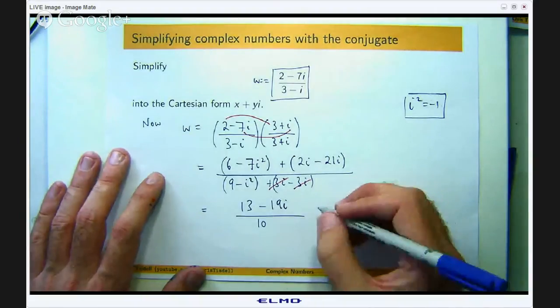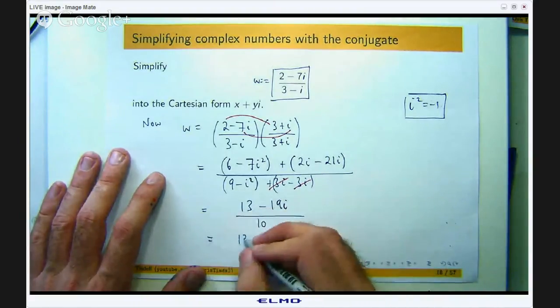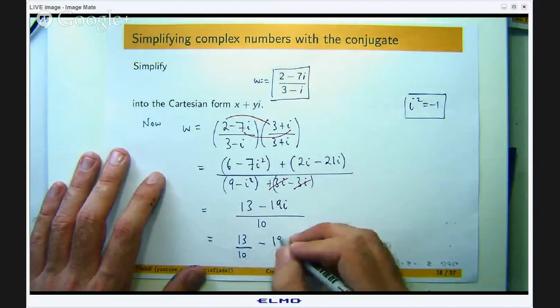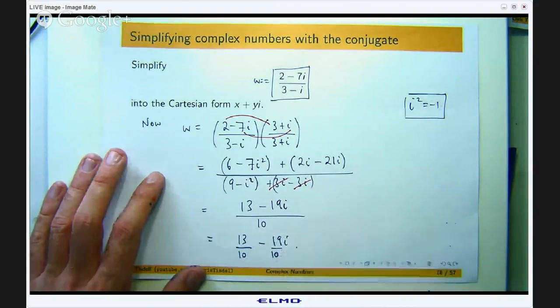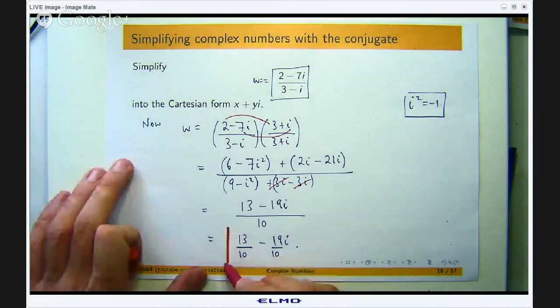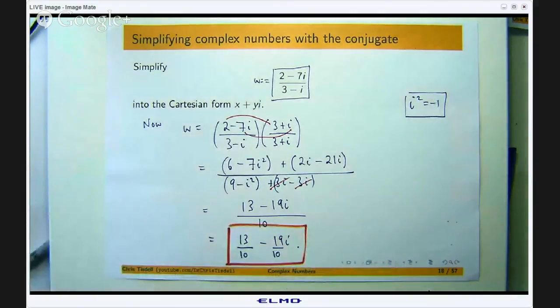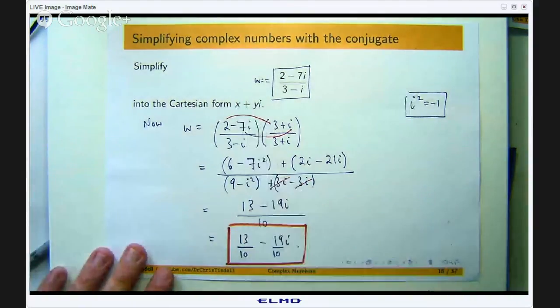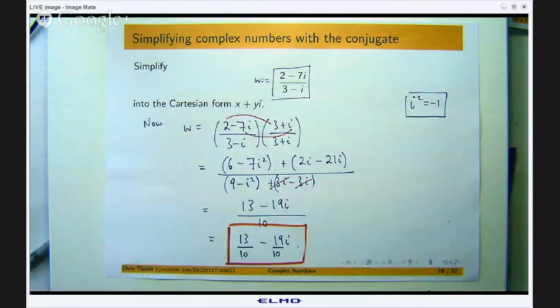So if I just simplify that, I'll get the following. Okay, so that is my answer. You can see now it's in this Cartesian form, and if I wanted to, I can plot it on an Argand diagram or in the complex plane.